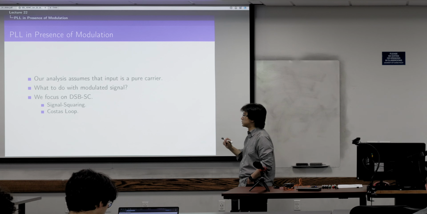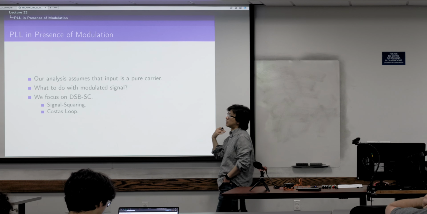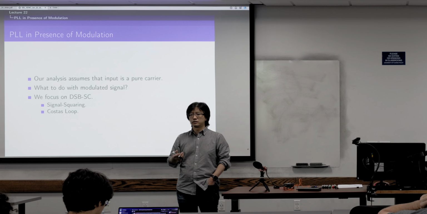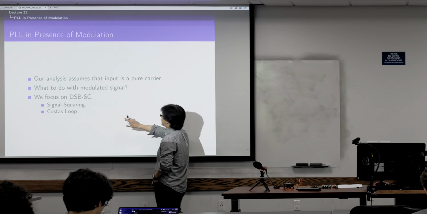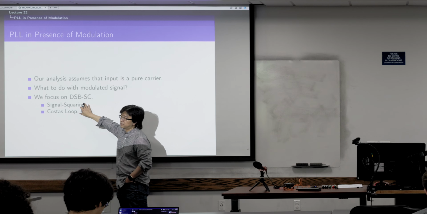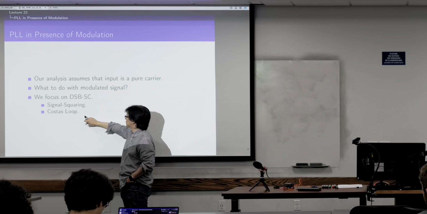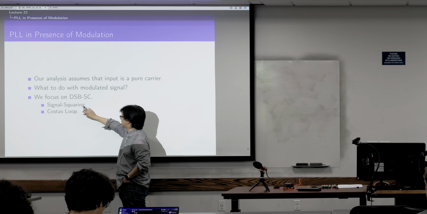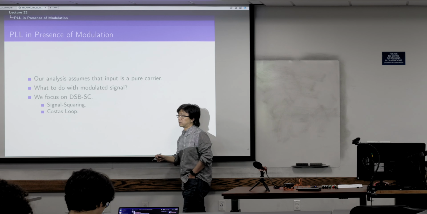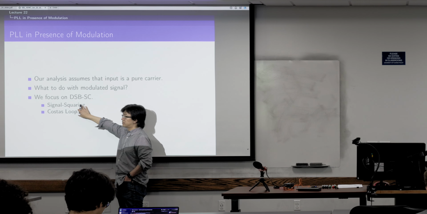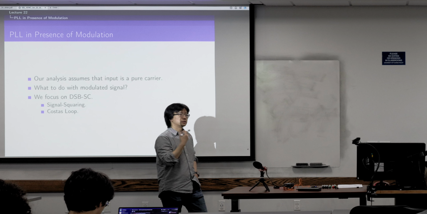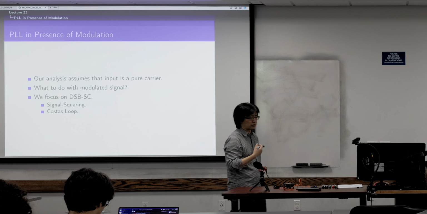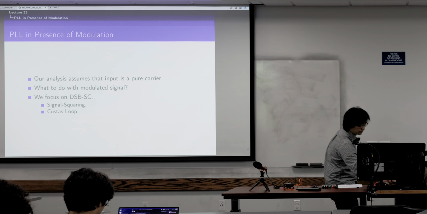We just want to see how we can apply PLL in general in practice, right? So now consider when the input is the DSB-SC, okay? In this case, consider 2 cases. So one approach is the signal squaring, and the other one is the Costas loop, okay? And here is an application of the PLL, and this one is another way to create a PLL so that we can do the coherent demodulation, okay?